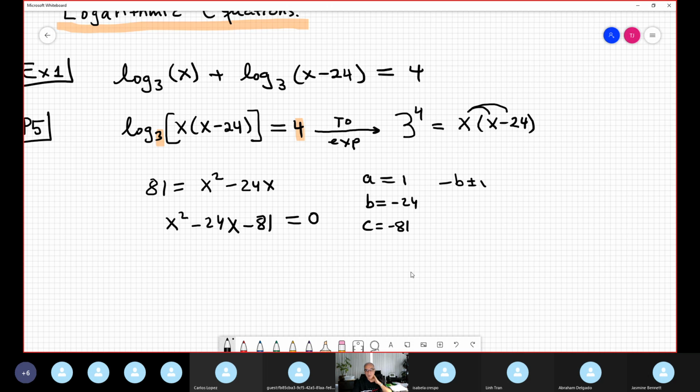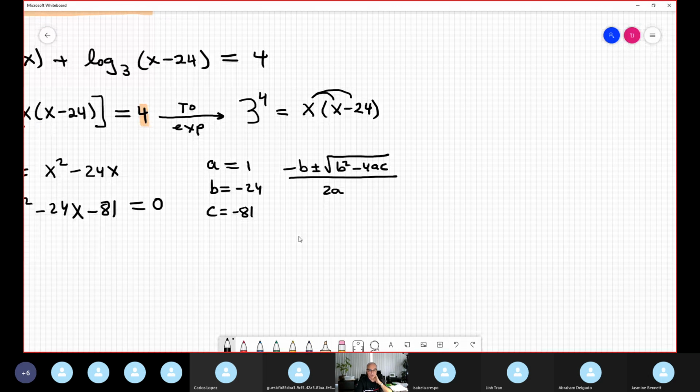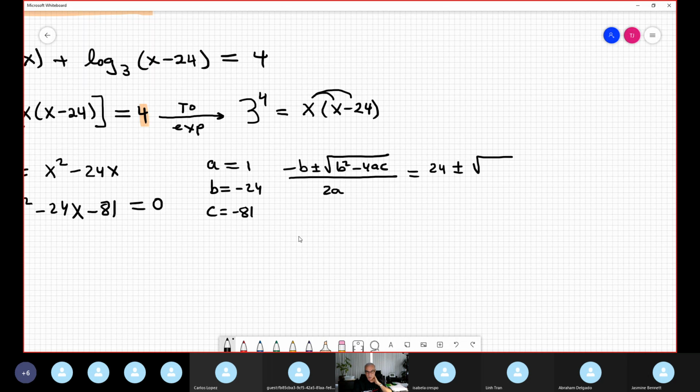Minus B plus or minus the square root of B squared minus 4AC, divided by 2A. So, 24, the double negative becomes positive, plus or minus the square root of negative 24 squared minus 4 times A, which is 1, times C, which is negative 81, divided by 2 times 1, which is just 2. We focus on the expression under the root.